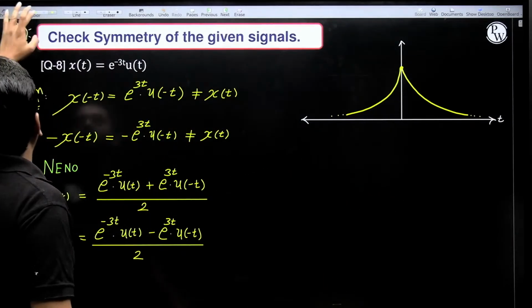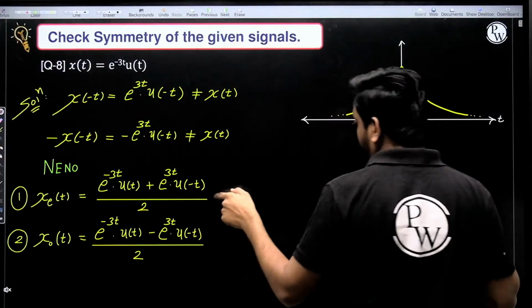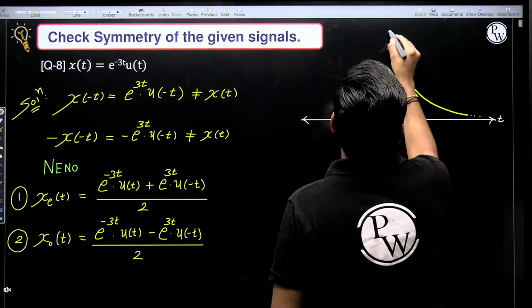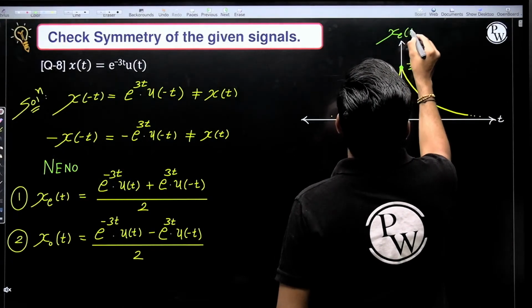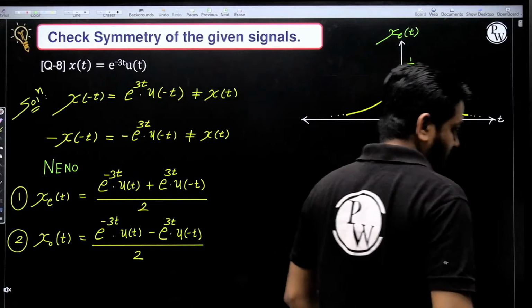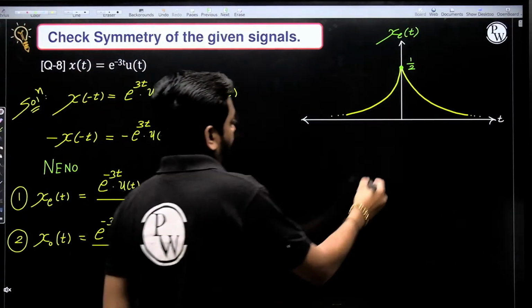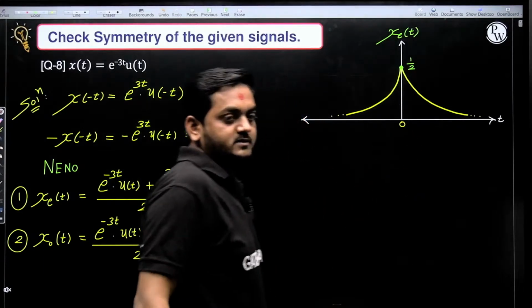At t equal to 0, the amplitude is 1 by 2. This is the even part of this decreasing function.